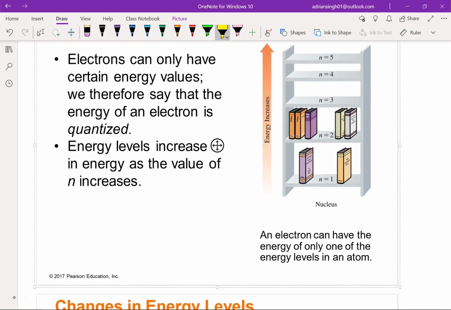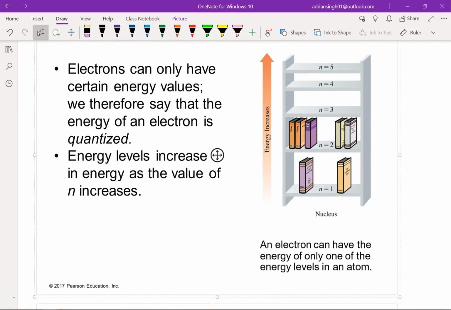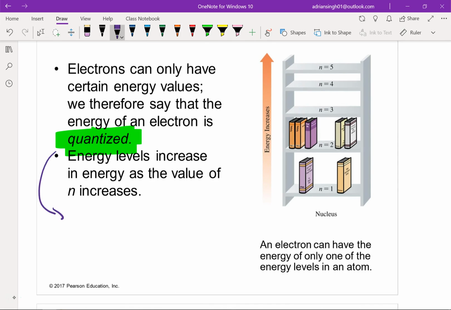All right, and that is the case, so we say that those energy levels are actually quantized, right? And what that means is that the energy, again, comes in packets. There is no in between.